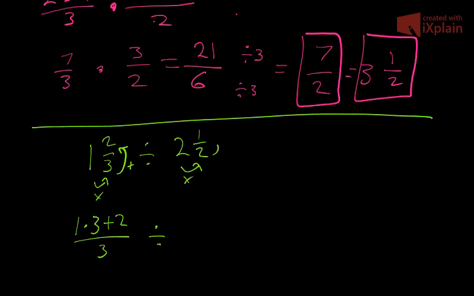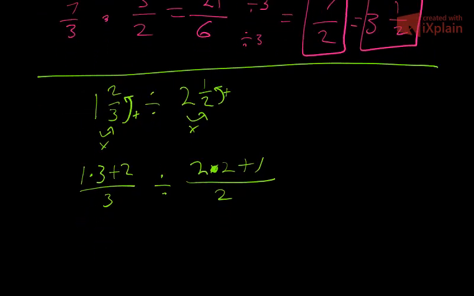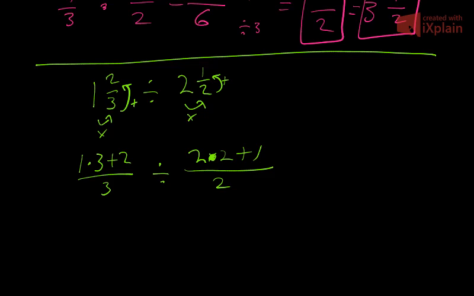We're going to do 2 times 2 plus 1, leave it over the 2. So when I simplify that, 1 times 3 is 3, plus 2 is 5, I get 5/3. I'm going to divide by 2 times 2 is 4, plus 1 is 5. That's going to be 5/2.